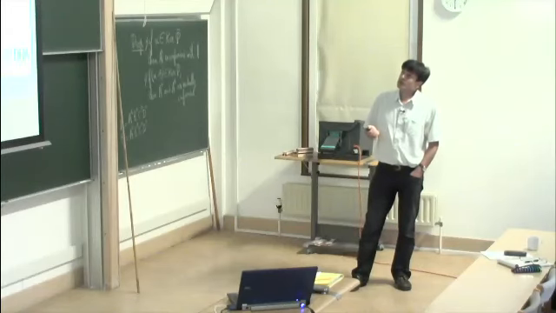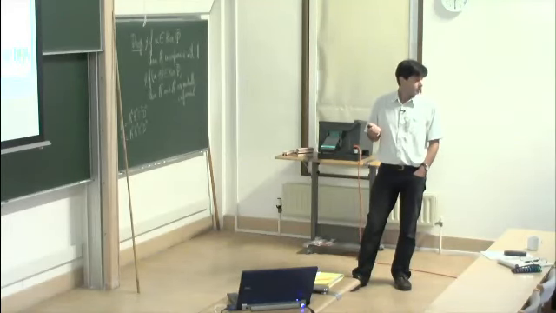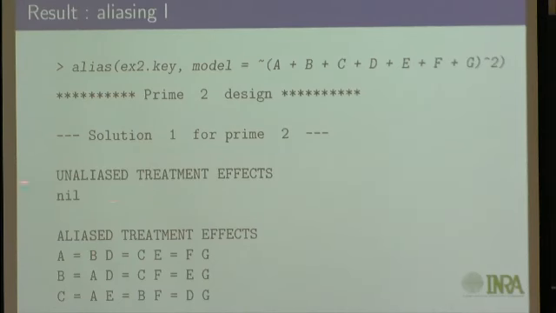If we look at the aliasing relationships in the model involving the main effects and the two-factor interactions, we find that the main effects are confounded with two-factor interactions, so if we assume they are 0, they can be estimated.